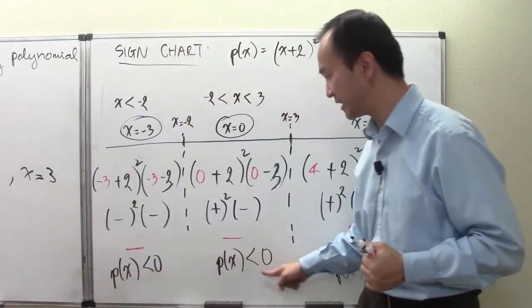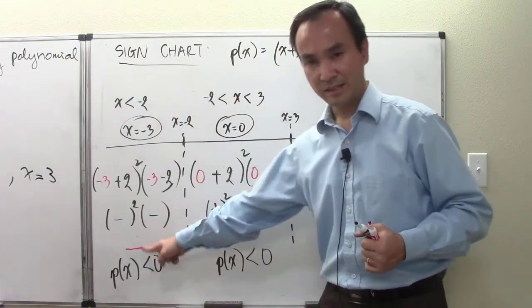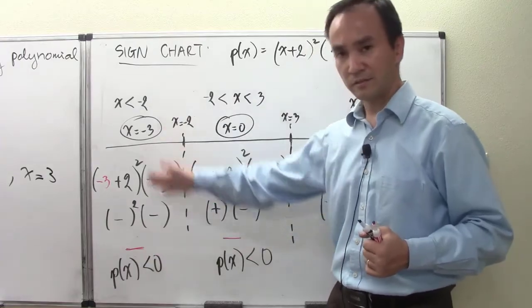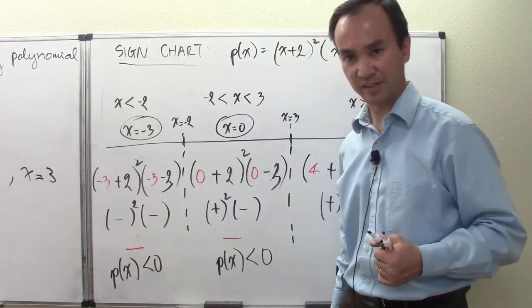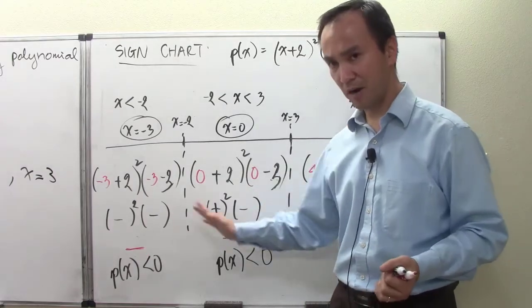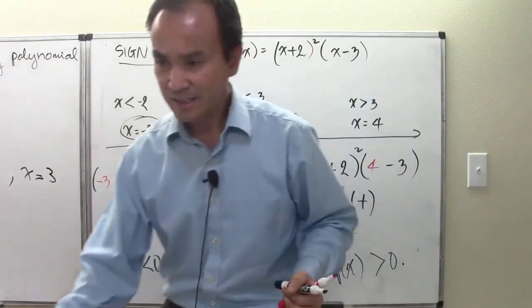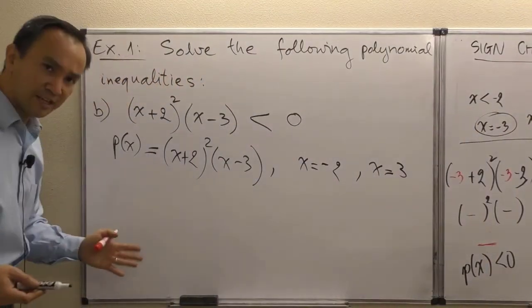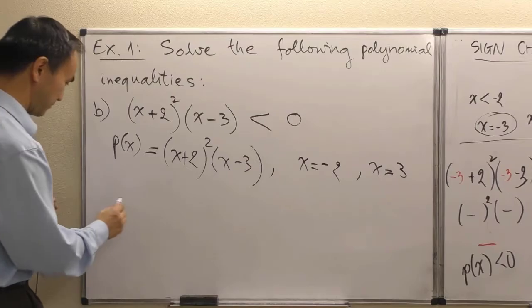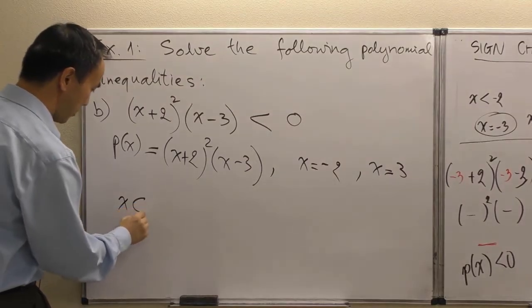Our answer is these two intervals together. These two intervals together is where our polynomial is below the x-axis. So now let's combine the intervals together. It seems like two separate ones.